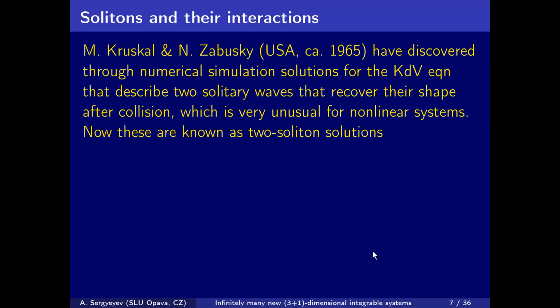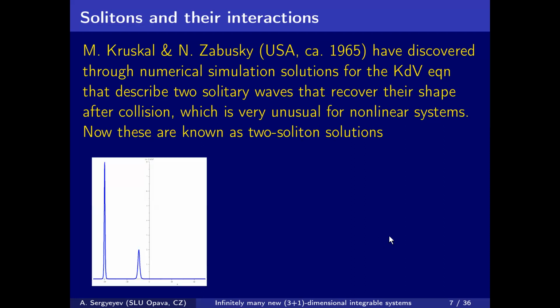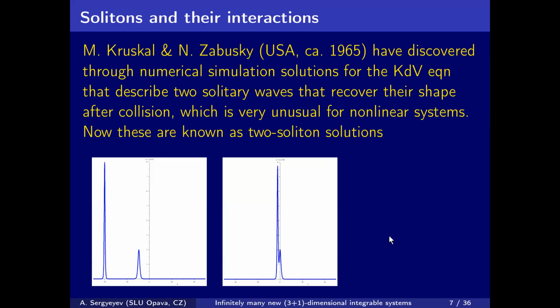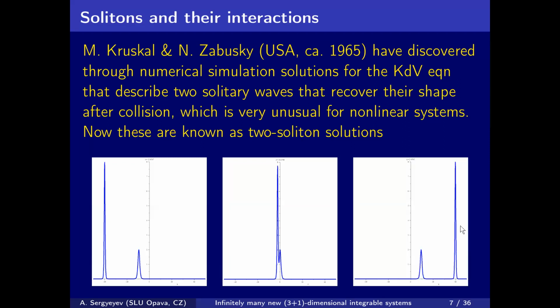Okay, so more precisely, Kruskal and Zabusky around 1965 have, through numerical simulation at first, discovered solutions for KdV that describe two waves which collide elastically. And after some nontrivial interaction, the waves part and keep their original shape.